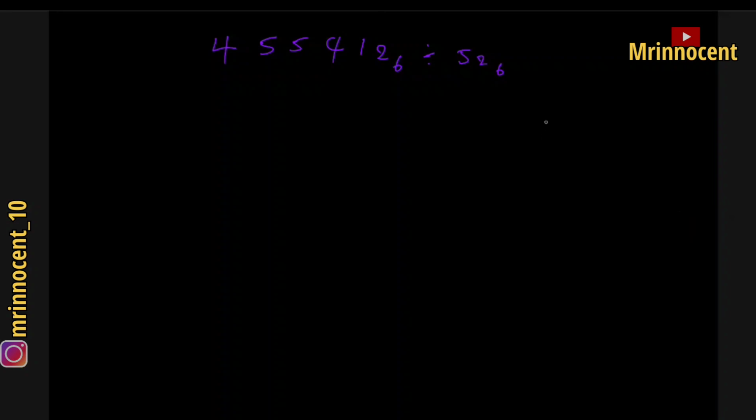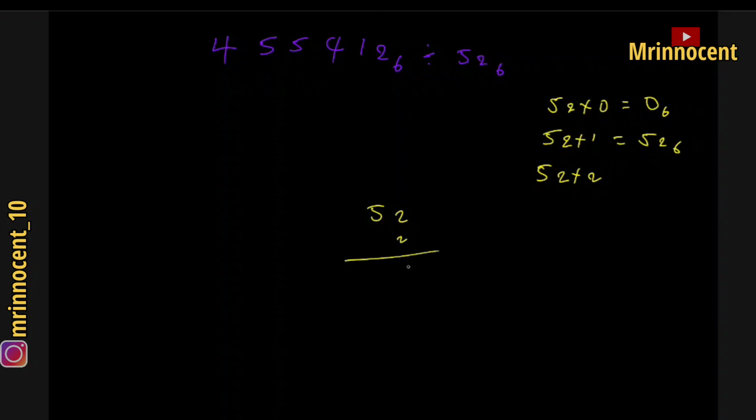We have 52 times 0 equals 0 in base 6. 52 times 1 equals 52 in base 6. 52 times 2: 2 times 2 we have 4. 2 times 5 is 10, 10 in base 6 is 1, remainder 4. So we have 144 in base 6.